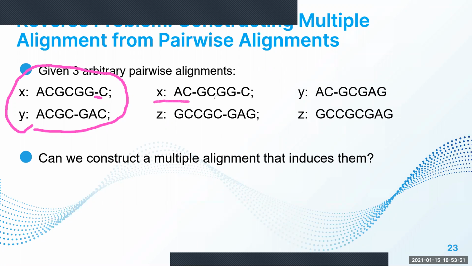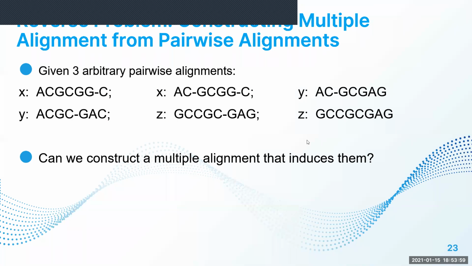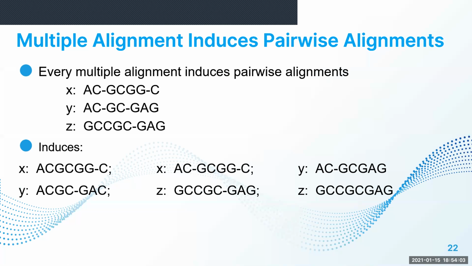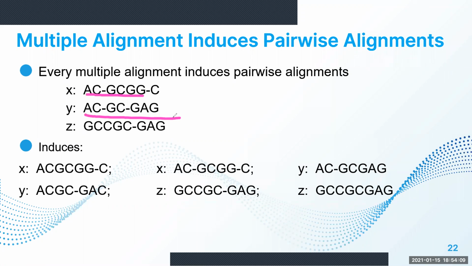Basically, we have some sequences without any gaps, and we are going to align them pairwise: first XY, then YZ, then XZ.